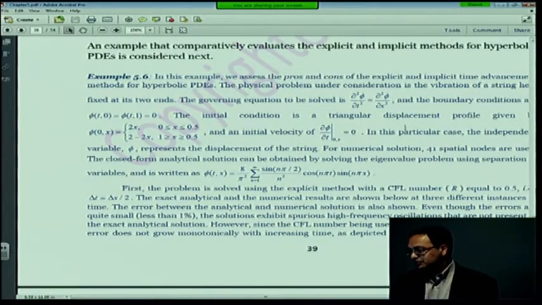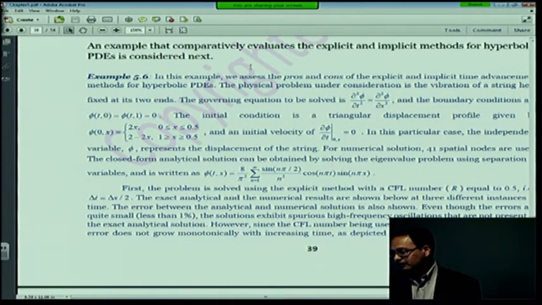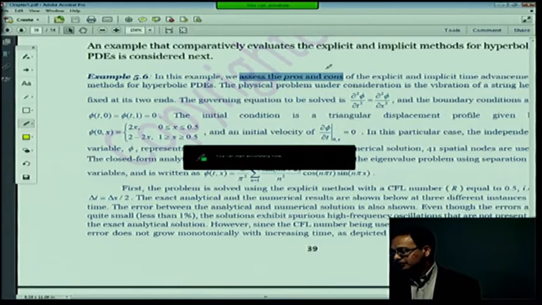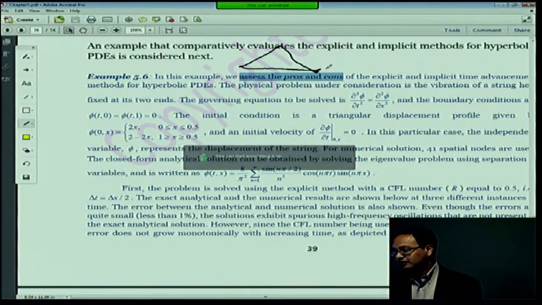So we're solving this. I've chosen c square equal to 1 in this case. And then what I have is an initial condition which looks like this. So basically that's like a string which has been pulled up like that and then like that.